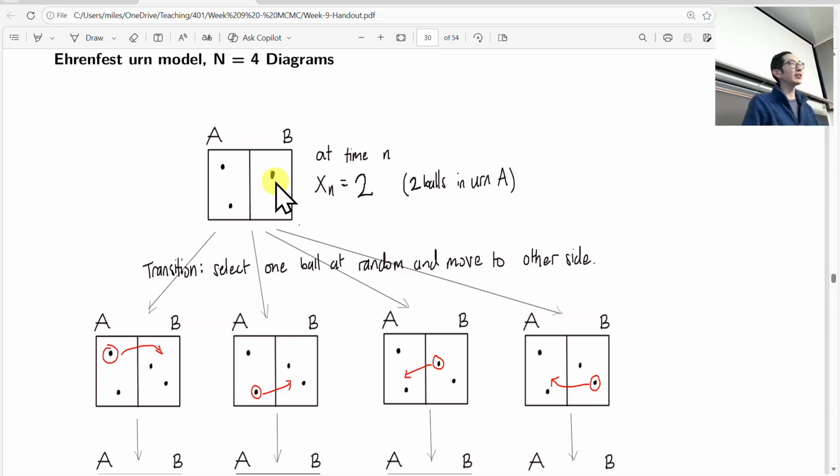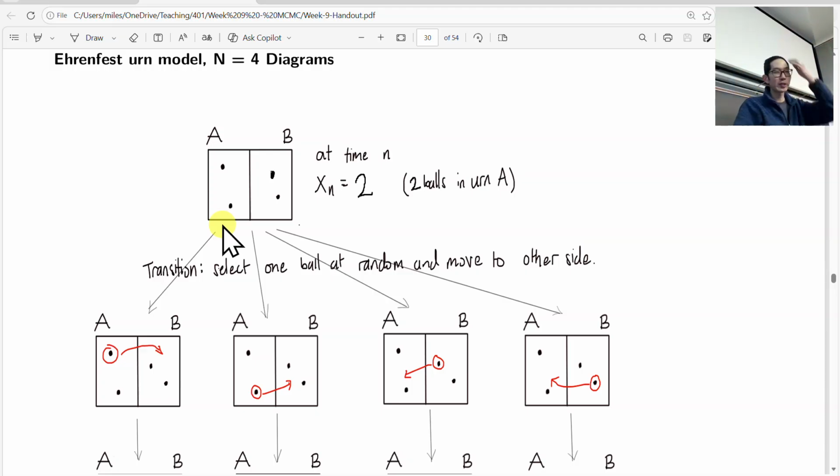We can treat side A as one urn and side B as another urn, with different marbles in the urns. We pick one marble at random, take it out of whatever urn it's currently in, and move it into the other urn.